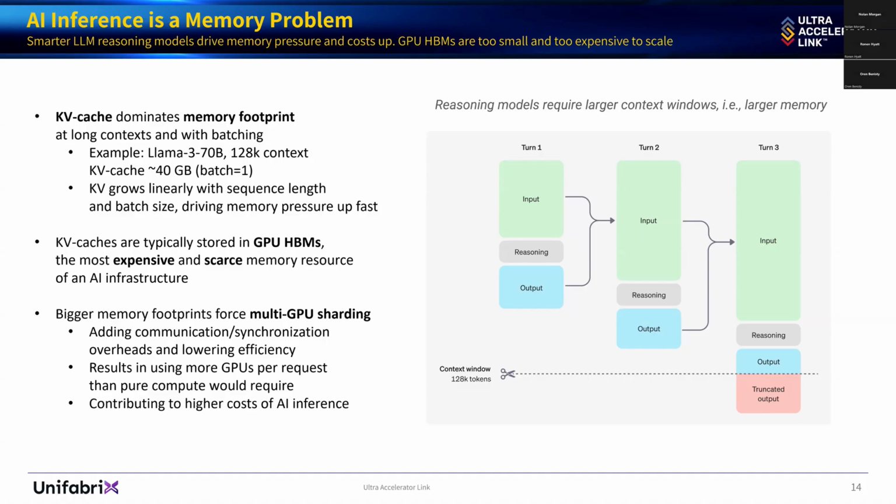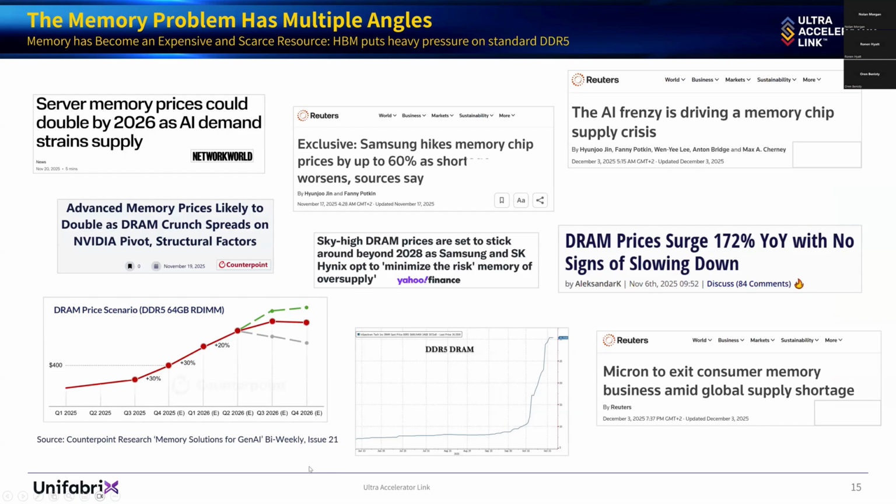So memory is a problem for AI inference, but memory has just recently become an even bigger problem. I think everybody knows at this stage, because we see the headlines every day of what's happening in the memory market, the prices keep going up, and memory has become an expensive and very scarce resource, where HBM puts a heavy pressure on standard DDR5, and we've seen some of the vendors actually exiting the consumer market.